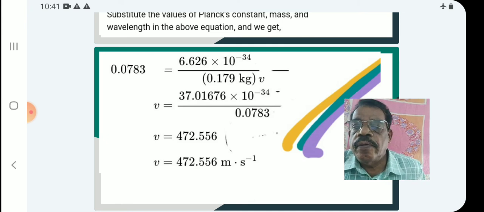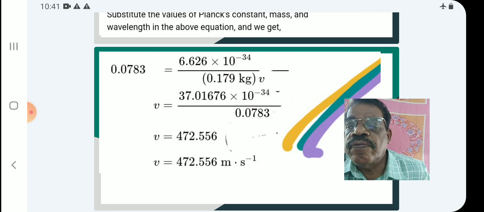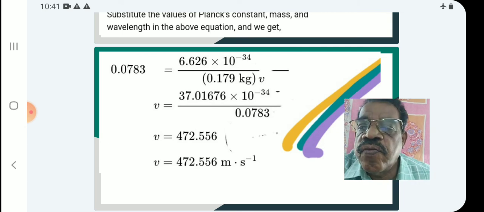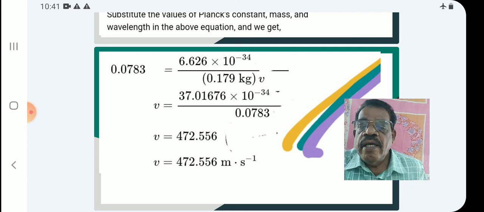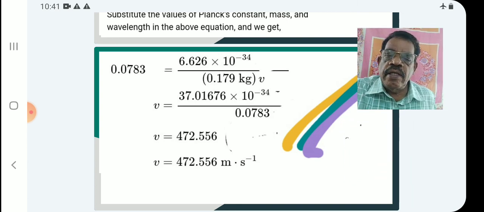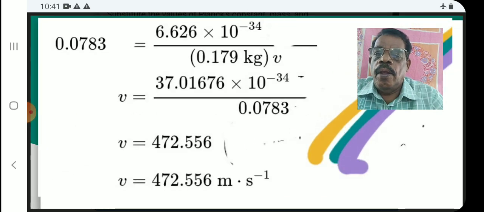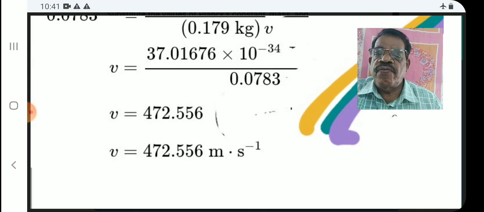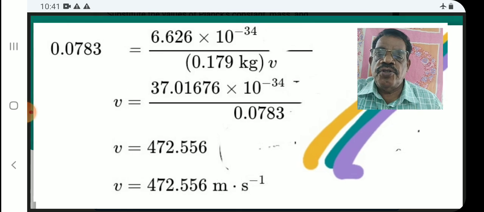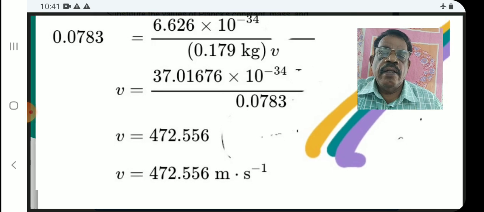That is velocity. That is V is equal to 472.556 meter per second is the answer. 472.556 meter second raised to minus 1. That is the answer.